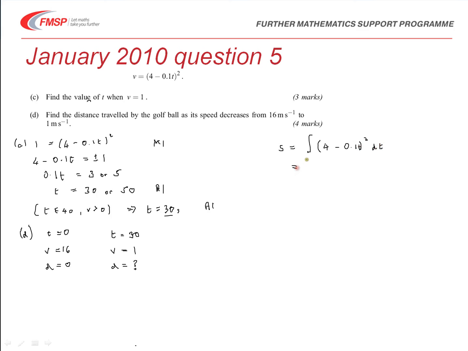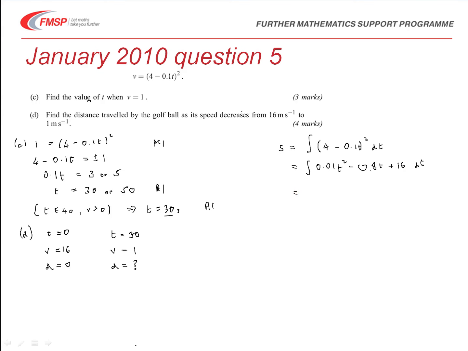And probably it makes sense just to multiply this out, so we get 0.01t squared minus 0.8t plus 16 dt.